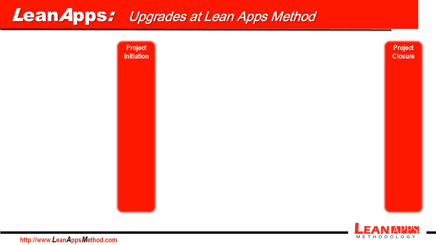Now let's take a look at Lean Apps method for implementation, shown in a timeline format. Just as Lean Apps method for upgrades, an implementation also includes mature initiation and closing phases. Within the project lifecycle, first phase is CRP1, and the first conference room pilot is meant to define the detailed solution that will go live.